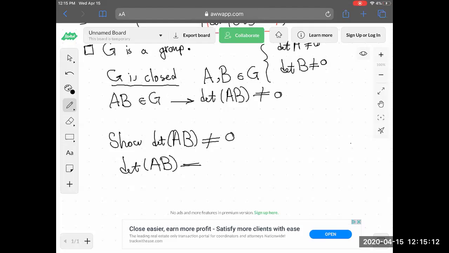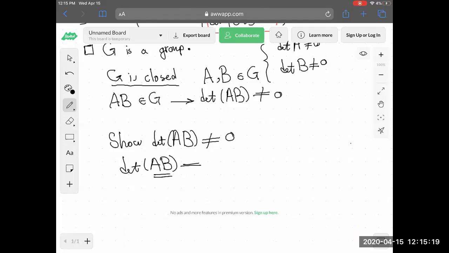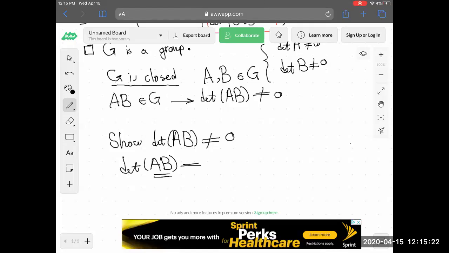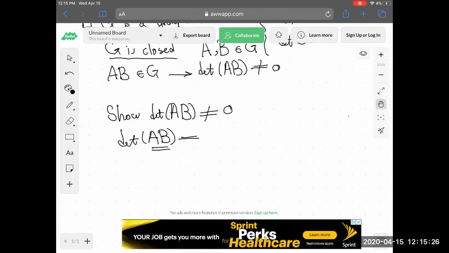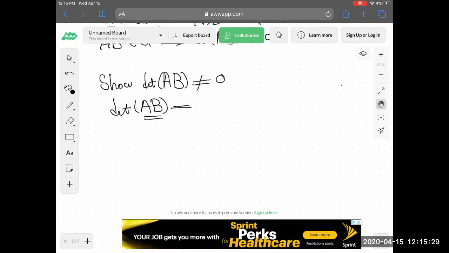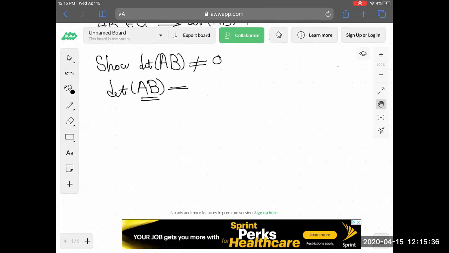There's an easy formula for determinant of A times B. Well, the determinant of any 2 by 2 matrix is AD minus BC. That is definitely correct, and I'm going to use that. But before that, what is determinant of multiplication of matrices? How is it related to determinant of A and determinant of B? Is it equal to the determinant of A times the determinant of B? Yes, that's correct. So determinant of AB is determinant of A times determinant of B.